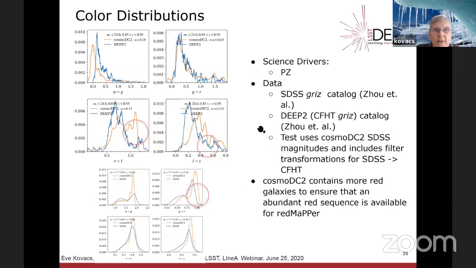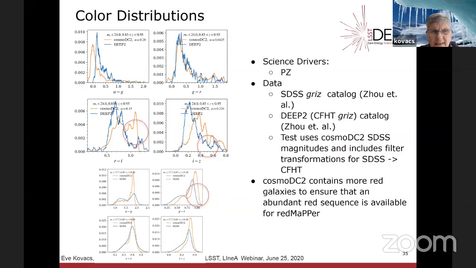Color distributions. So here we have, again, the Photo-Z group that needs to have this reasonably realistic. And the data was the SDSS griz catalog, and also the DEEP2 catalog. Now, when the AlphaQ simulation was run on Galacticus, we not only simulated LSST filter magnitudes, we also simulated SDSS magnitudes in anticipation that we would be doing validation against SDSS data.